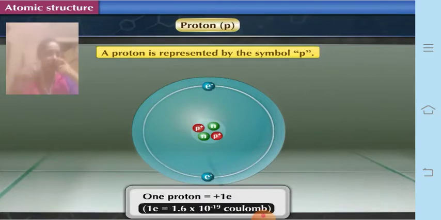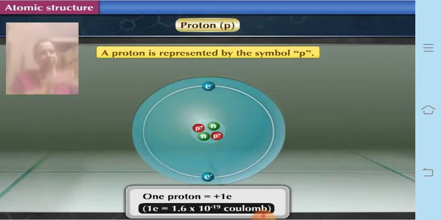You can see it is minus 19 coulombs, which is very small. So to make up 1 coulomb, there has to be around 10 raised to 19 units of charge. That means 1.6 into 10 raised to 19 protons or 10 raised to 19 electrons should be there for 1 coulomb of charge.